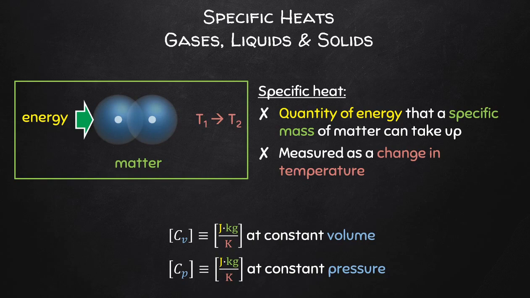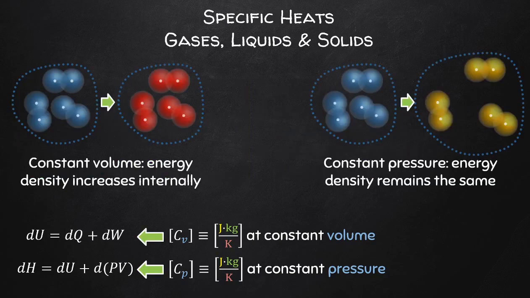Okay. Now, at constant volume, let's consider what happens. At constant volume, the internal pressure of the system would increase with the addition of heat, thus increasing the system's internal energy. For a system at constant pressure, the energy density of the system would remain the same and thus relates more to enthalpy. But obviously then there would be an increase in the volume for the system.